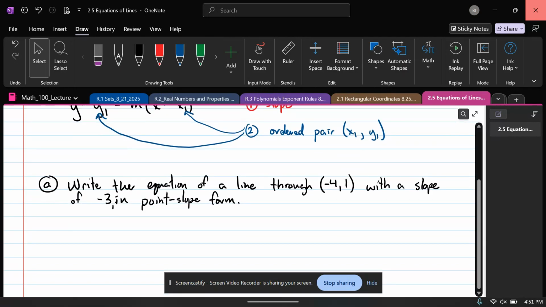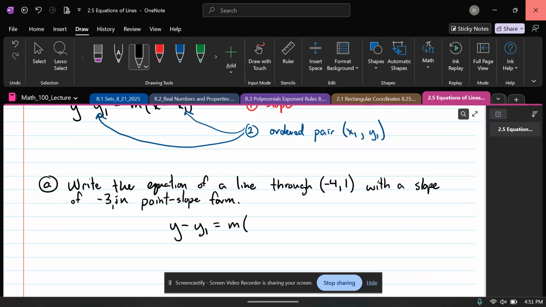So I'm going to write down the point-slope form again. y minus y1 equals m times (x minus x1). In this description here, this is x1, this is y1, this is m. All I'm doing is putting that stuff in there. So y minus 1 equals -3 times (x minus -4).